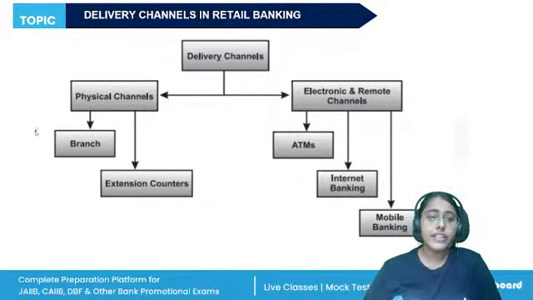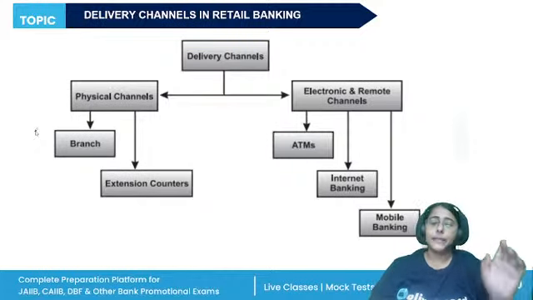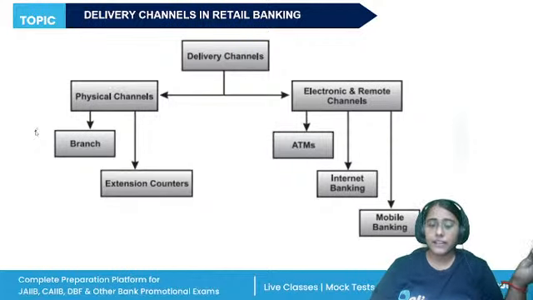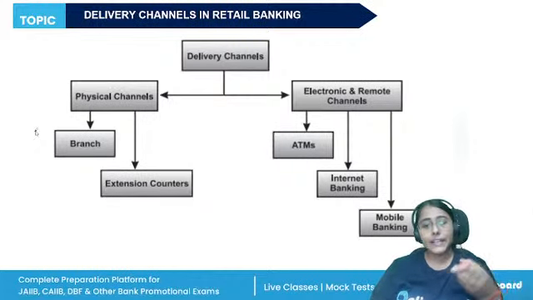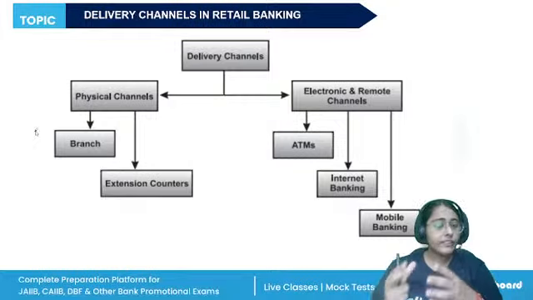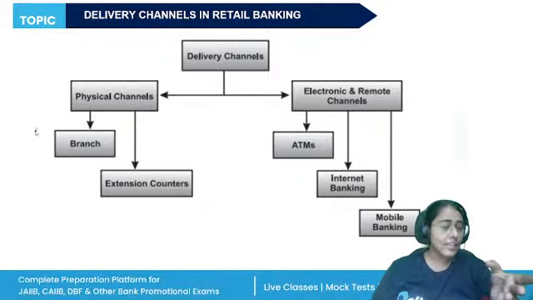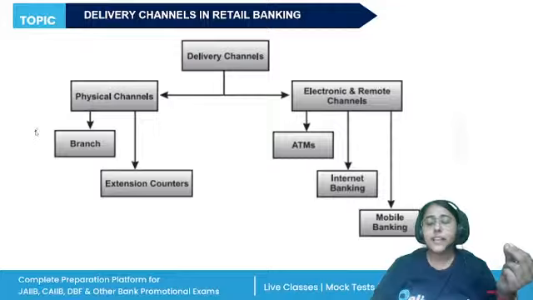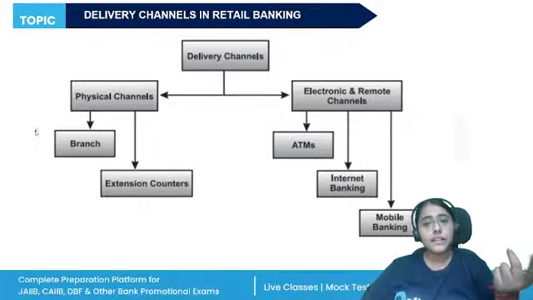Now, the delivery channels in retail banking can be physical or direct channels, or they can be electronic and remote channels. Physical channels are branch and the extension counters. Remote channels are ATMs, internet banking, mobile banking. In the physical channels, we also have the business correspondent and the business facilitators.